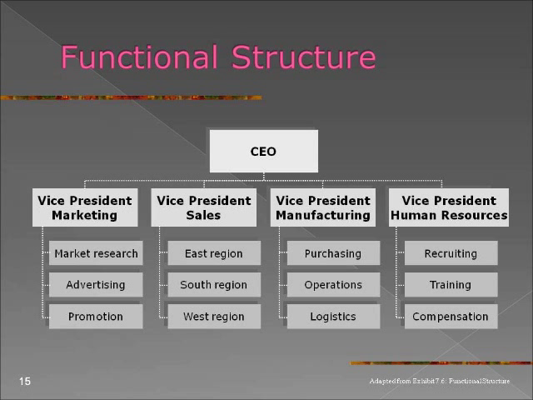Sales is concerned with some areas, such as the East region, South region, and West region. Under the manufacturing department, there are the purchasing division, operations, and logistics. And under human resources, the specified tasks for this department are the recruiting division, training, and compensation.